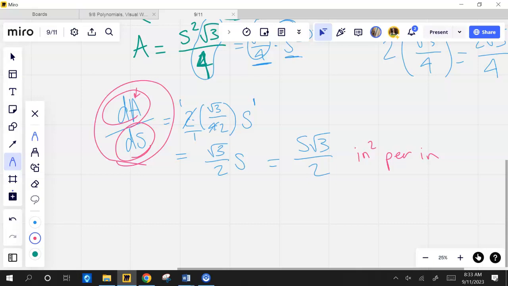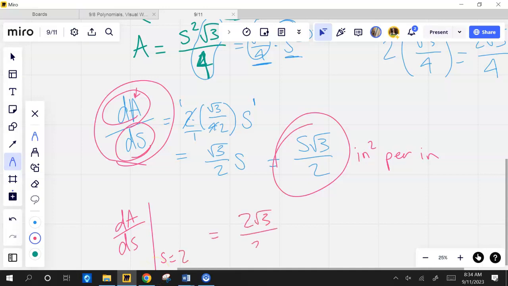Then for part C, it asks you to evaluate the rate of change of A when S equals 2 and S equals 10. Those are just plug in here, right? So dA ds when S equals, what did I say, 2, would be 2 root 3 over 2, which is just square root of 3.